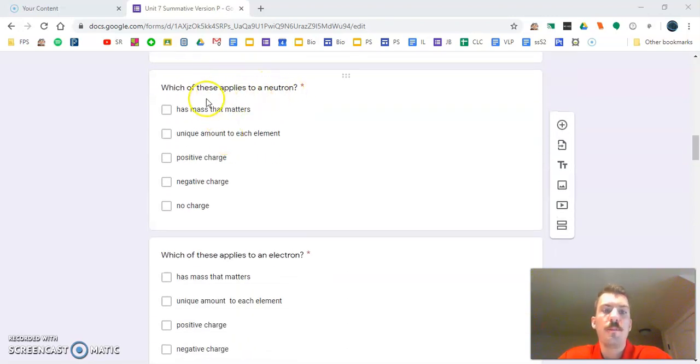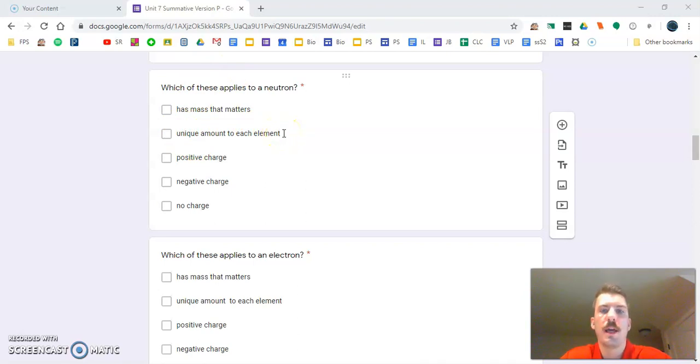A neutron also is in the nucleus, also has mass that matters. However, isotopes, we talked about isotopes, can have the same element but different amounts of neutrons. So it is not a unique amount to each element. Elements can have different amounts of neutrons.